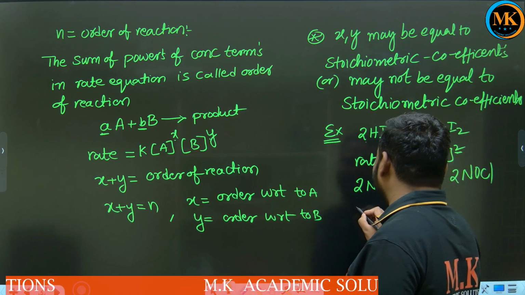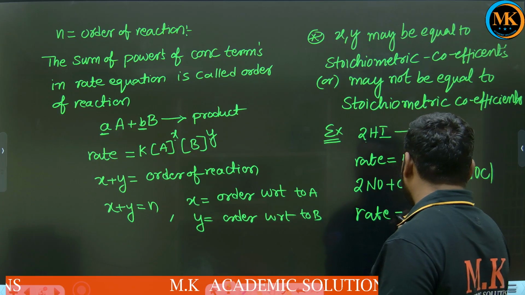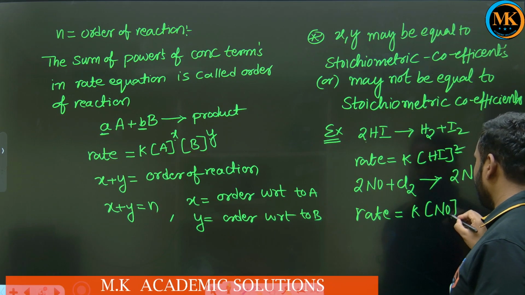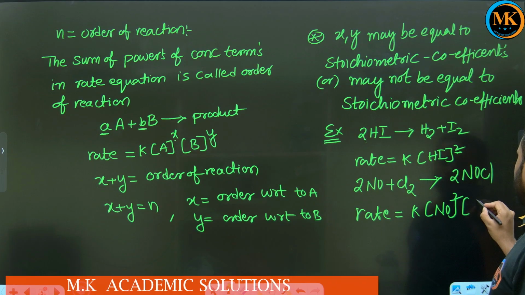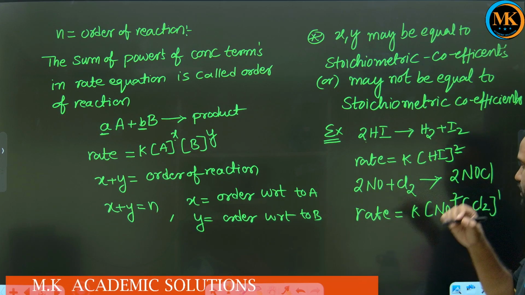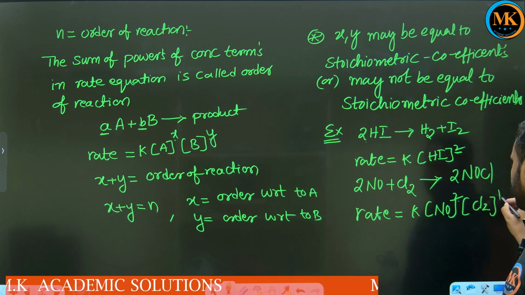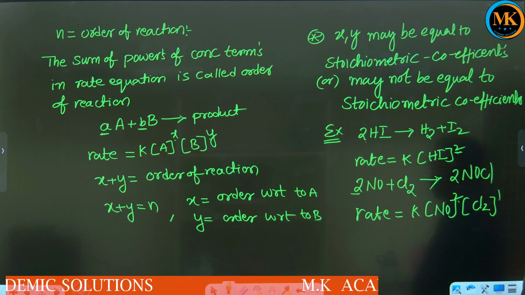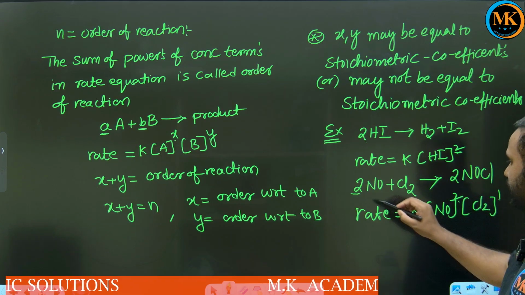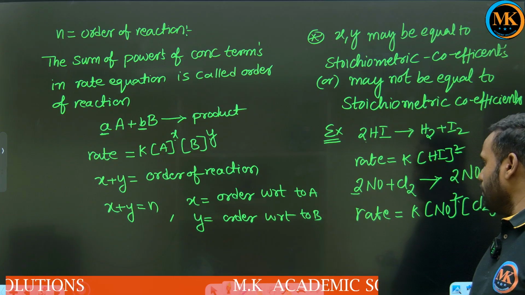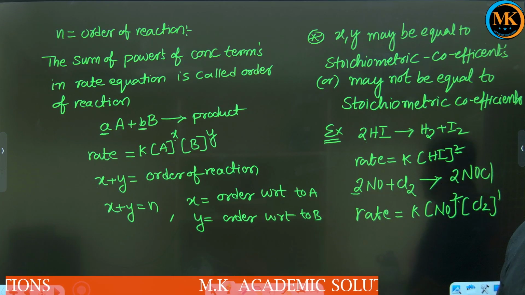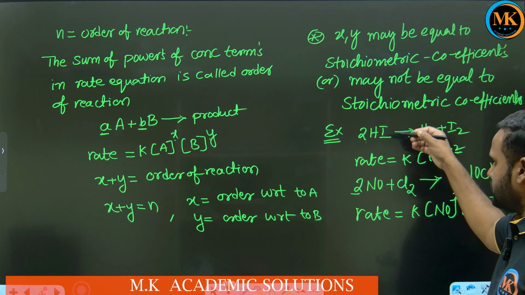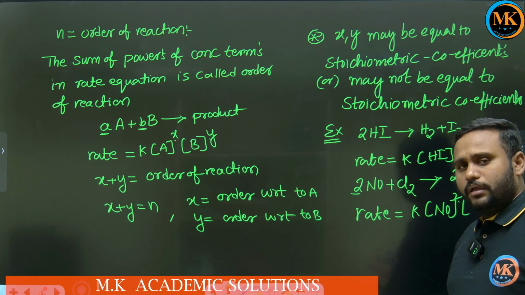So now here rate equal to K into NO power 2, Cl2 power 1, and in this equation also these power values are equal to stoichiometric coefficient. So here NO power 2 is the stoichiometric coefficient of NO, and the stoichiometric coefficient of Cl2 is 1. So here the power value is also 1.